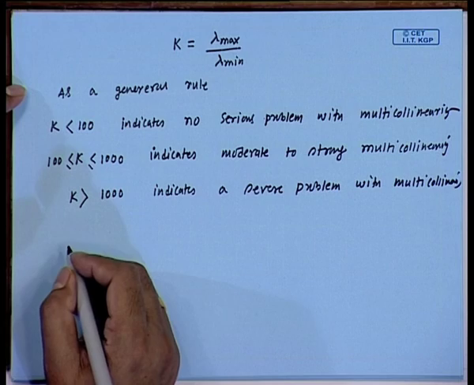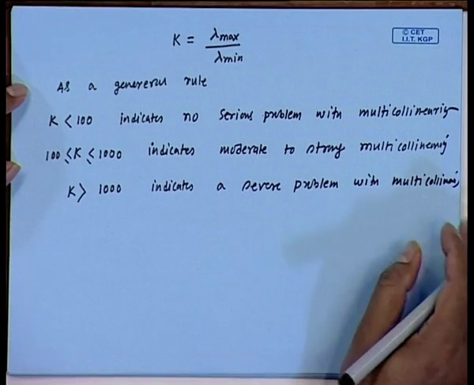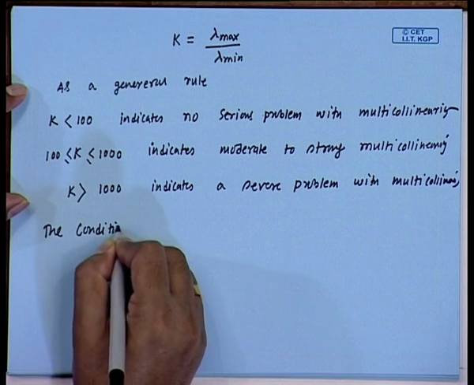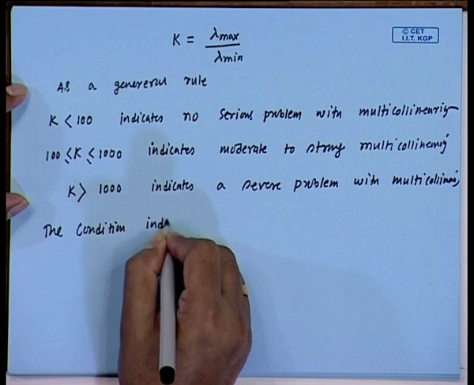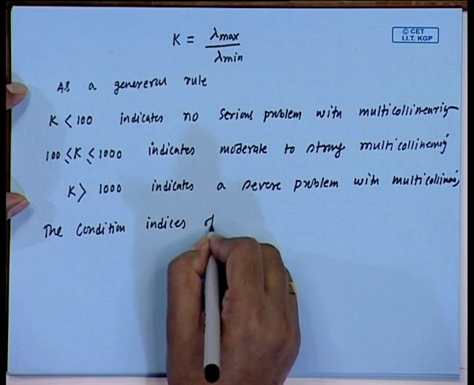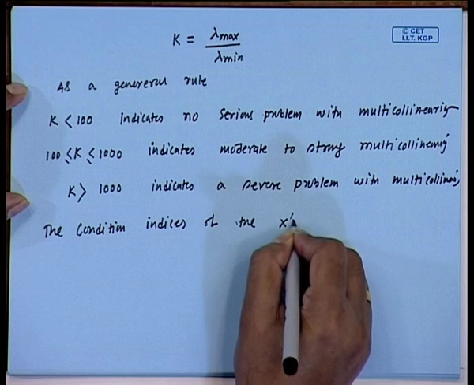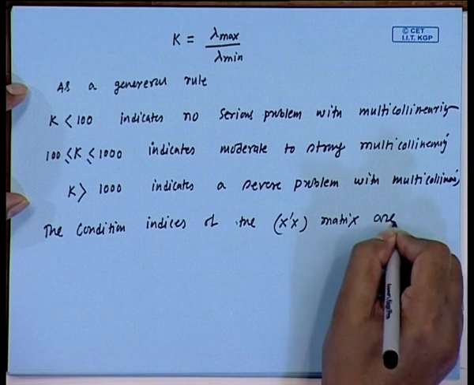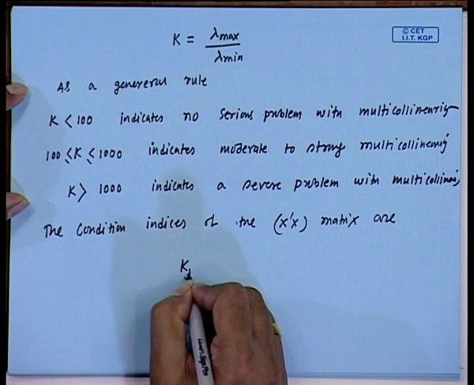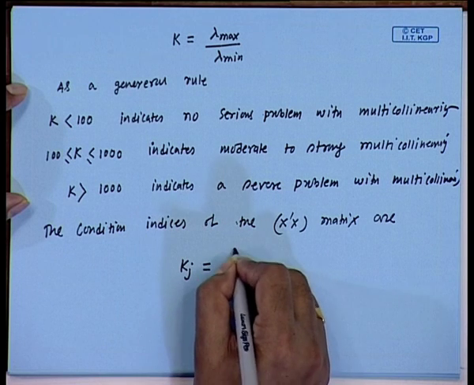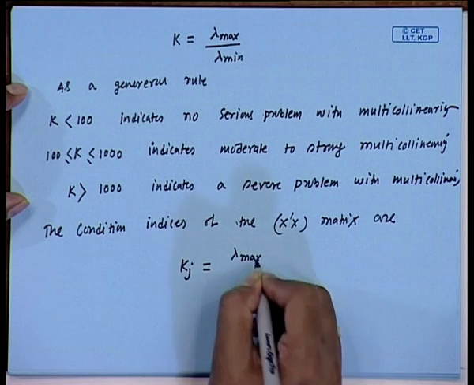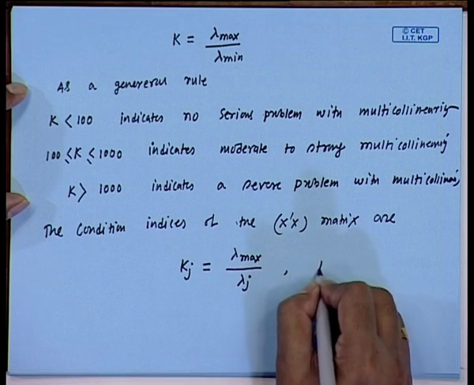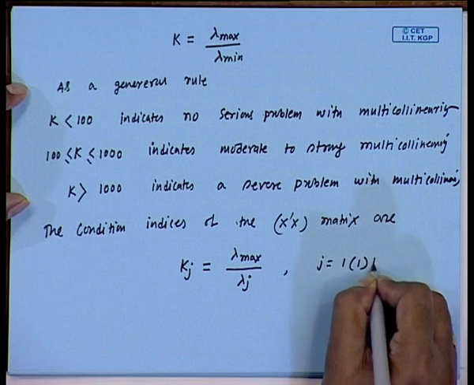So, this is the condition number. Now, we define the condition indices. The condition indices of the X prime X matrix are k_j, which is equal to lambda max by lambda j, for j equal to 1 to k minus 1.